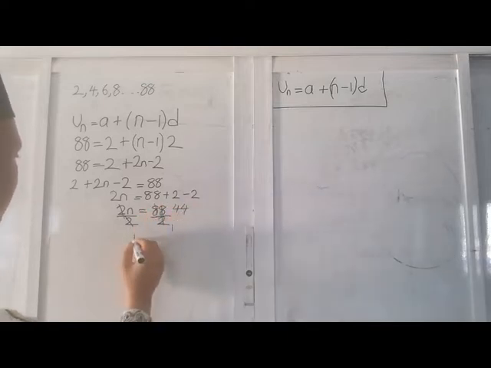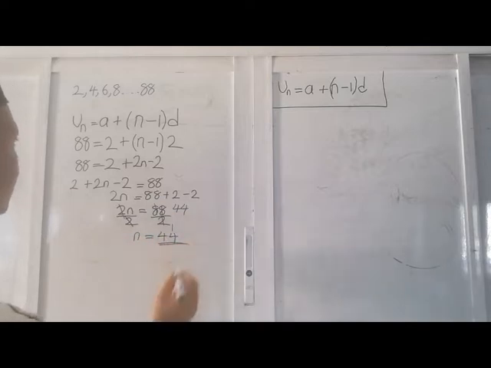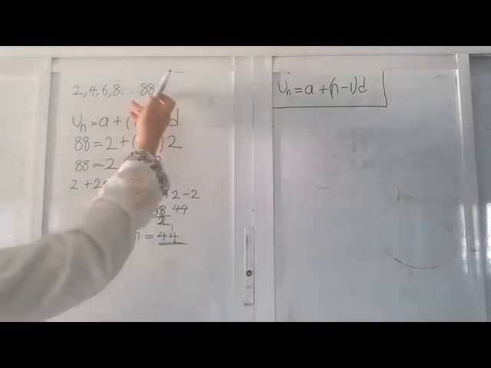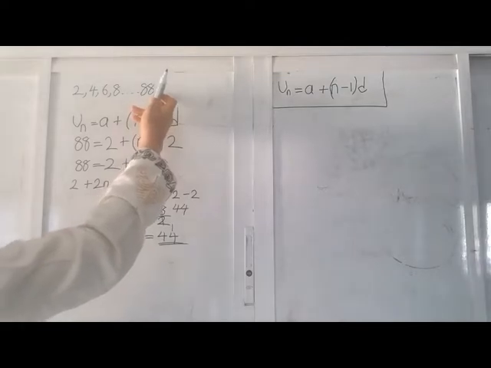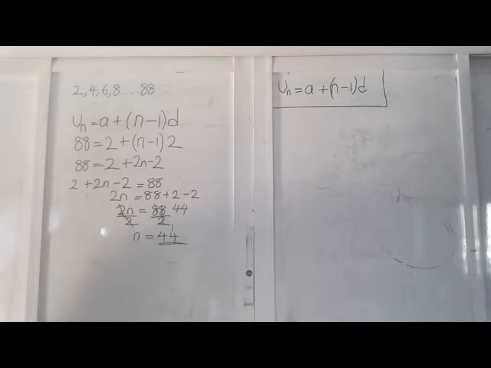So our n is equal to 44. What it means is that this 88, as the last term, is the 44th term. That is the answer. Very simple, isn't it? Let's progress to the next question.